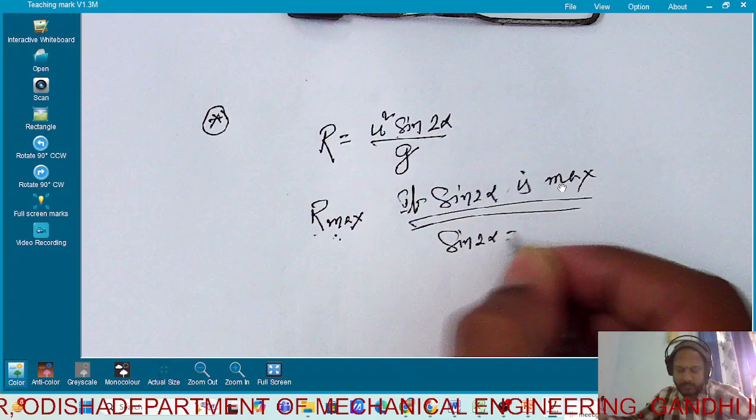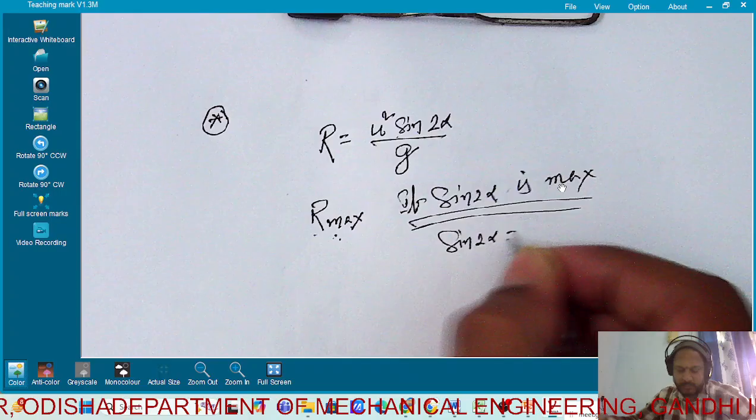y is equal to x tan alpha minus g x square by 2u square cos square alpha. This is one formula. Next formula, anyone remember? H max is u square sine square alpha by 2g.